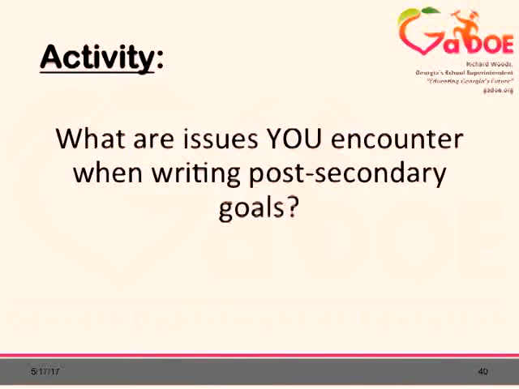Okay, so now let's talk about what you came up with. All right, one thing that I heard is that students oftentimes have unrealistic post-secondary goals, which I alluded to a little bit earlier. And that is true. A lot of times you will find a student who is really wanting to do something as an adult that is just way, way far-fetched.